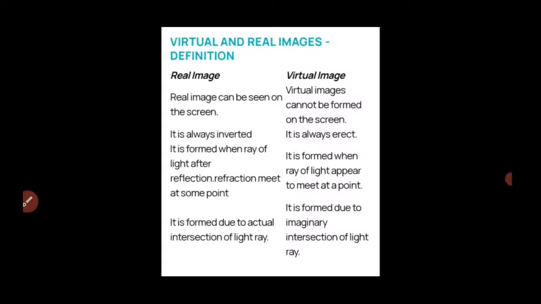A real image can be seen or caught on the screen, and it is always inverted. It is formed when rays of light after refraction meet at some point. For example, in our last online class, we saw refraction through a convex lens, which forms an inverted real image due to actual intersection of light rays.